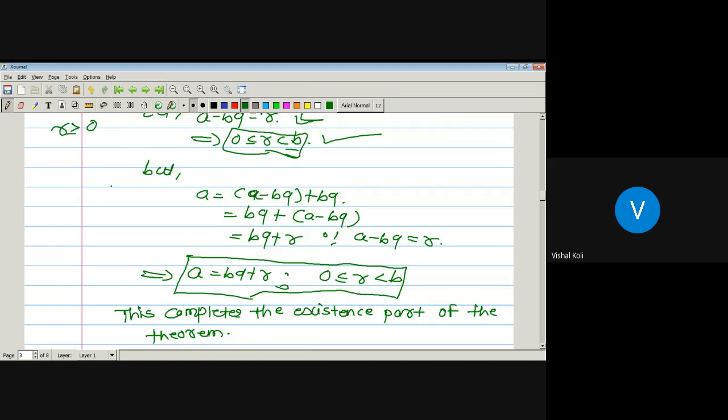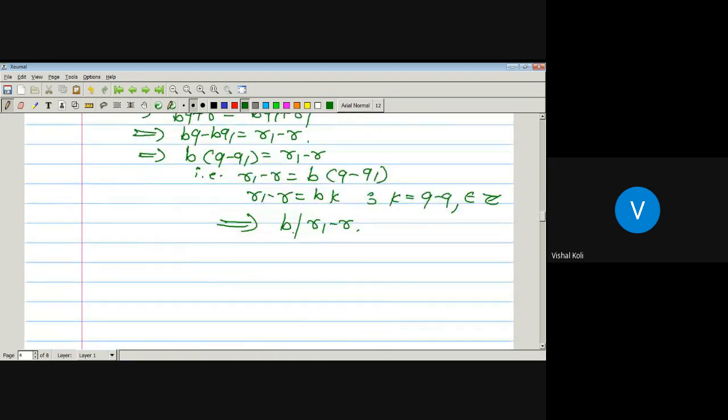But here B divides R1 minus R. This is a positive integer, and it divides the difference of R1 and R. But R1 and R are both integers which are less than B. Here 0 is less than or equal to R, which is strictly less than B, and 0 is less than or equal to R1, which is again strictly less than B. Now tell me whether it is possible that R is less than B, R1 is less than B, and their difference is divisible by B.